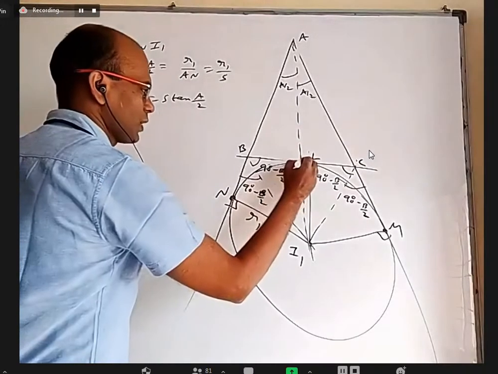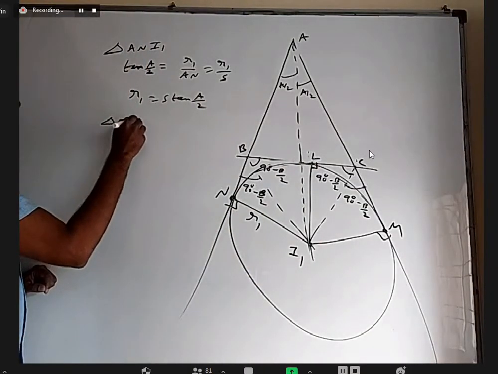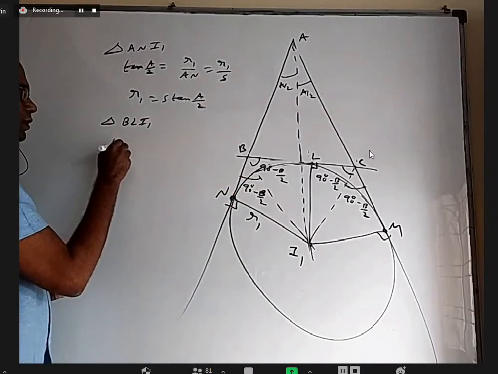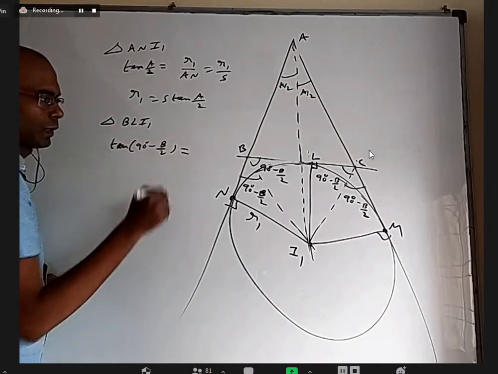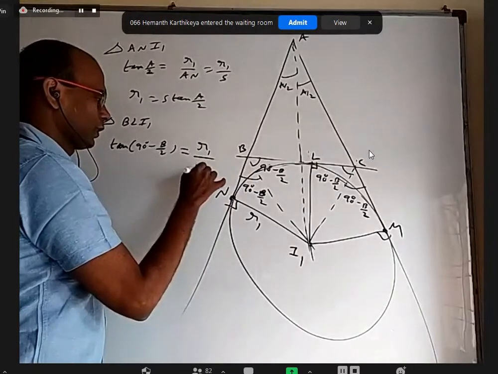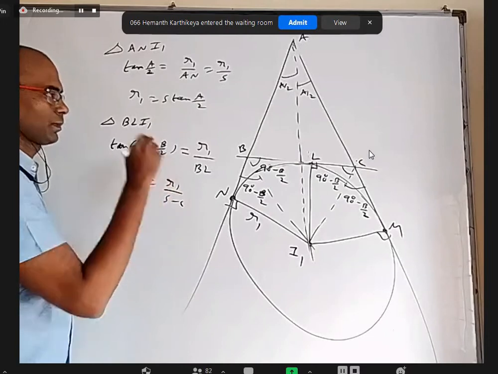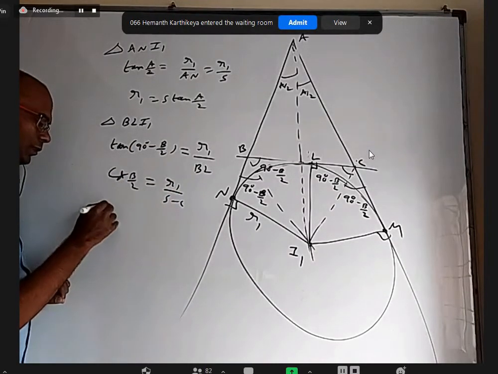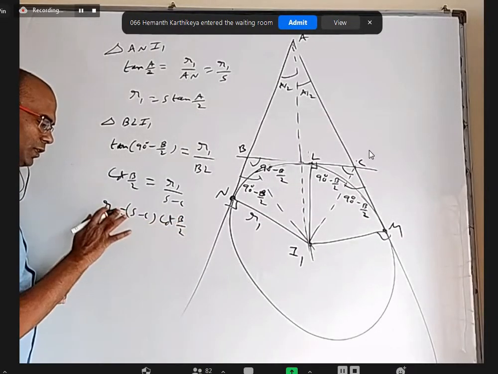And if I take triangle BLI1 and take tan of 90 degrees minus B by 2, the opposite side is R1 and BL. Earlier we proved BL is S minus C, not S minus B, S minus C. This is cot B by 2. So you get R1 equal to S minus C cot B by 2.